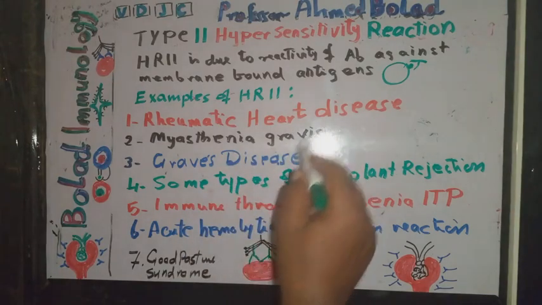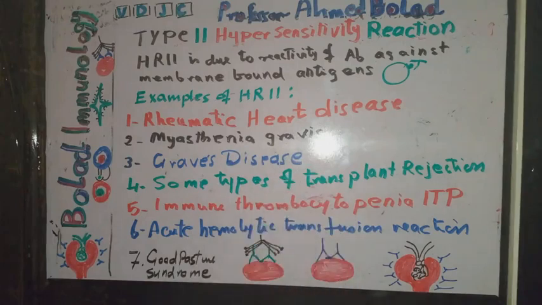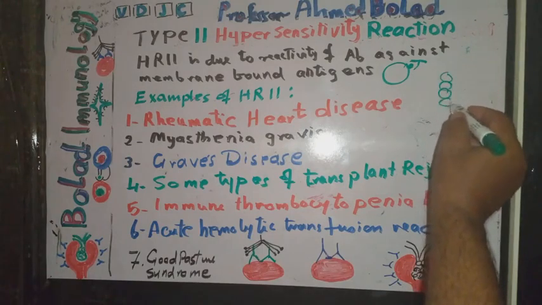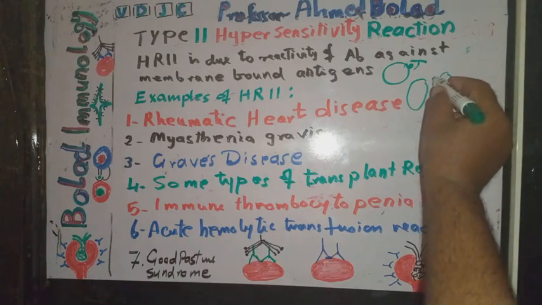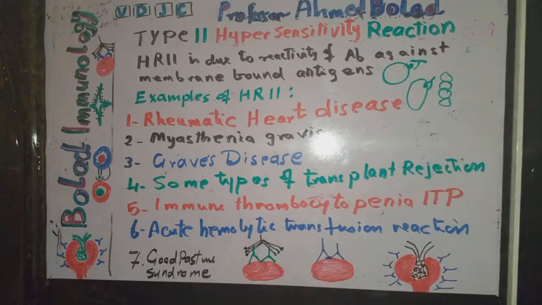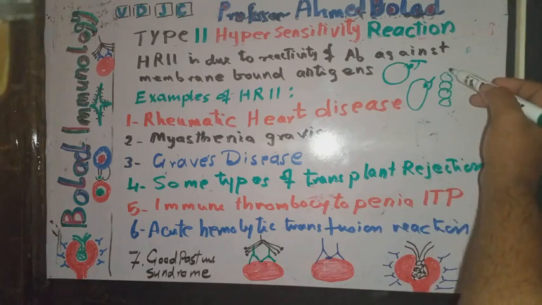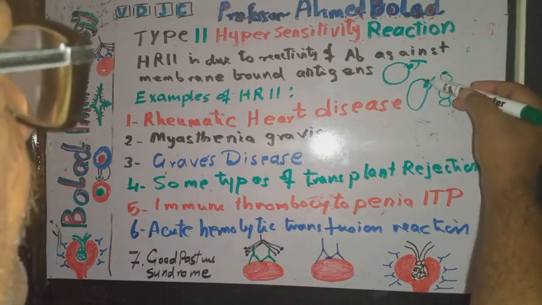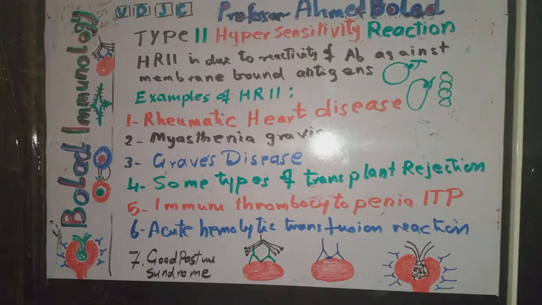As you know, the antibodies against streptococci bind to membrane-bound antigen on the surface of the heart, and this is due to similarity in some sequences on the wall of the streptococci and on the wall of the heart. We call this molecular mimicry or cross reactivity.